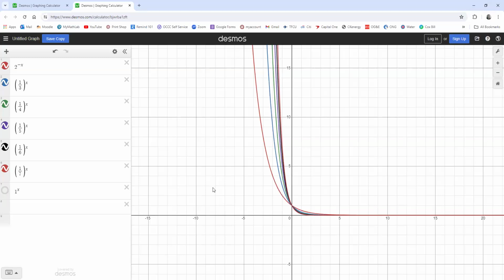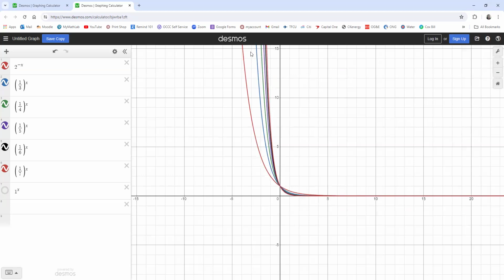These graphs have the same things in common. They are all decreasing because that base is between 0 and 1. They all have the same y-intercept at 0, 1, because again, anything to that 0 power is 1.